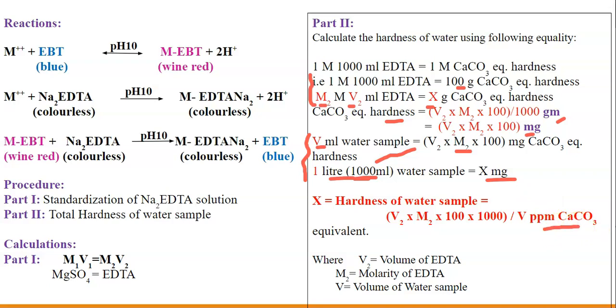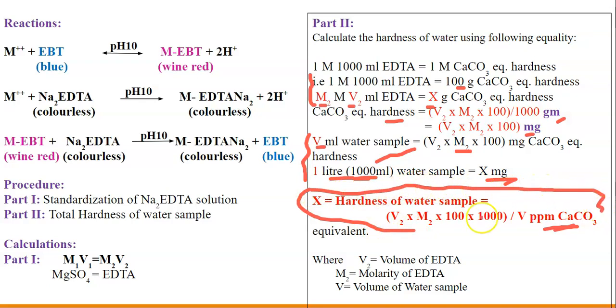In the previous session, we have seen that 1 mg per liter of calcium carbonate equivalent is equal to 1 ppm of calcium carbonate equivalent. That is why first we were using the unit mg, but we can also use it as ppm. So this is the main formula which you need to remember for calculating the hardness of water by the EDTA method.